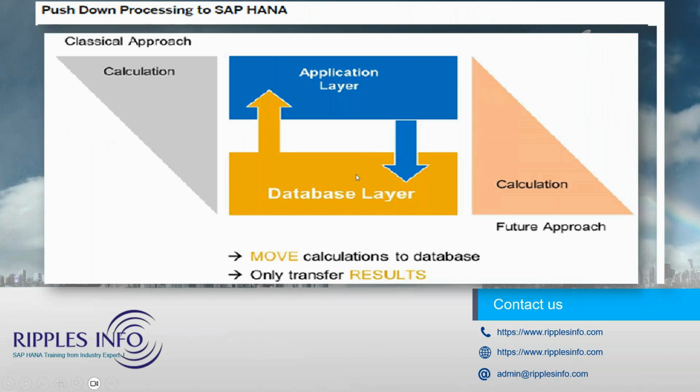Let us say, for example, there's a table with a million records and they want to do an aggregation calculation like sum or average. Earlier, they used to fetch all million records from the database level to the application layer, and then do that aggregation calculation there. The result of that aggregation may be only 100 records.